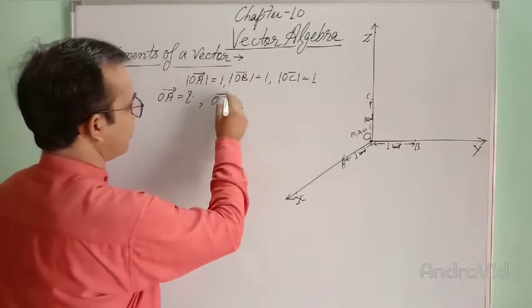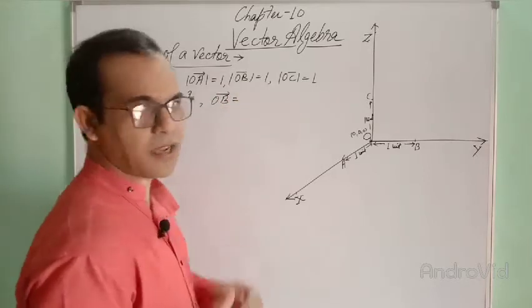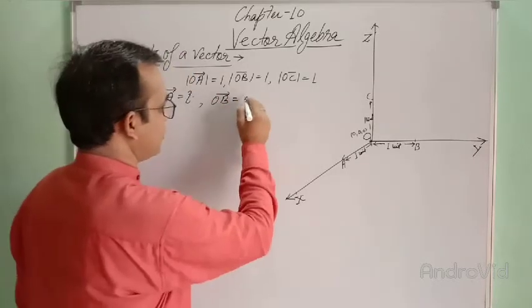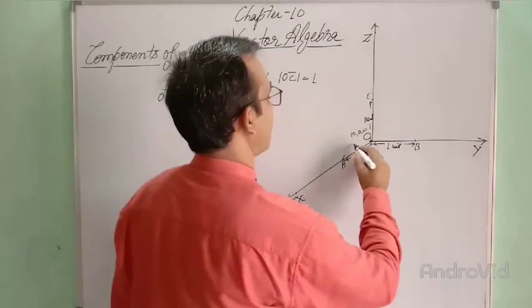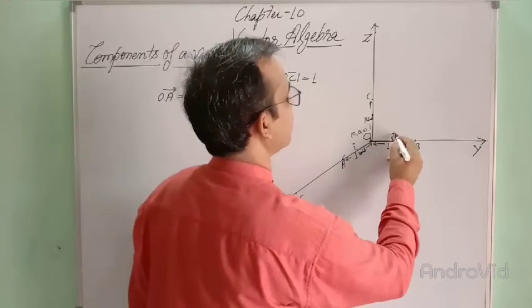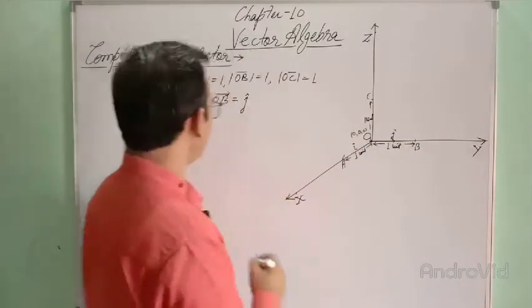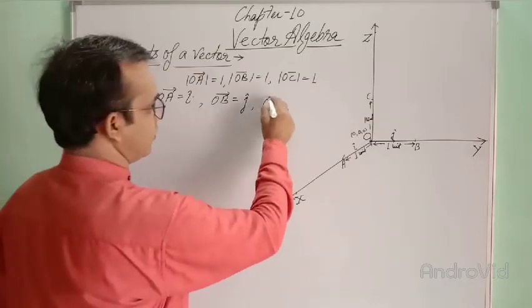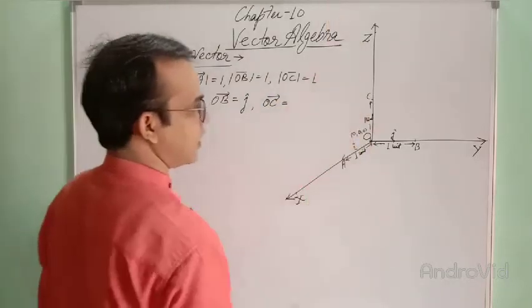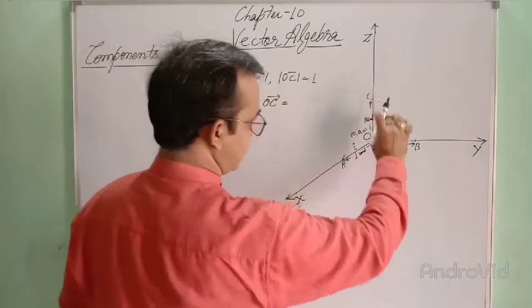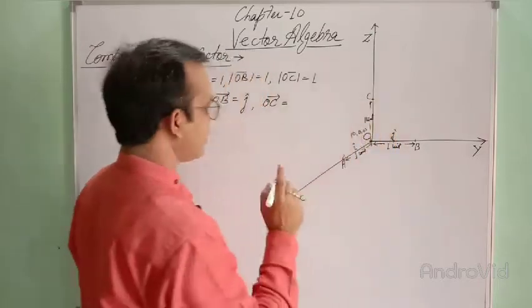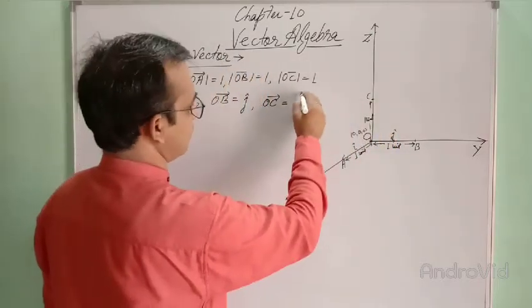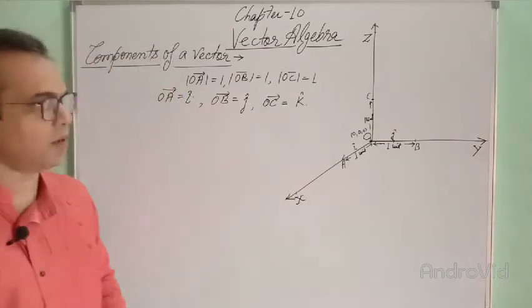Similarly, the unit vector along the y-axis is j cap. This is i cap and this is j cap. In the same way, the unit vector along the z-axis, that is vector OC, we can write as k cap.